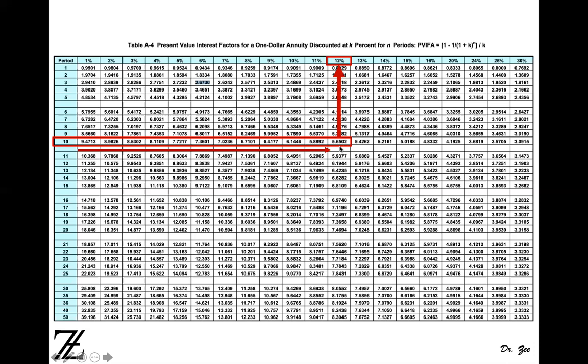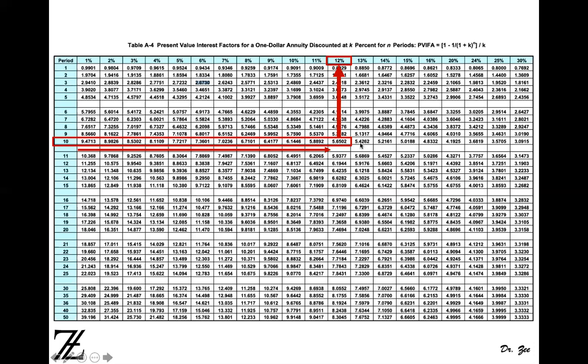Now, if you didn't find 5.6502, then you move to whichever is the closer number to it. All right. So if instead of 5.6502, this was 5.6500, then this is a closer number. Then you should have chosen 12%.